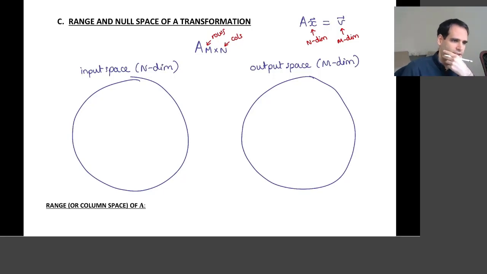Now, can we say that the entire n-dimensional space is mapped into the entire m-dimensional space? Maybe it is, but maybe it isn't.